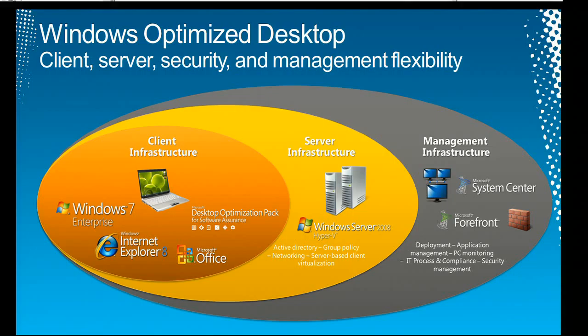And then the outer ring here is the management infrastructure. I can have fabulous clients, amazing server infrastructure, but if I don't spend any time thinking about management and building out my management, it's all kind of for nothing. I have a great deployment with MDT, but if I can't manage it on day 2, day 3, day 4.